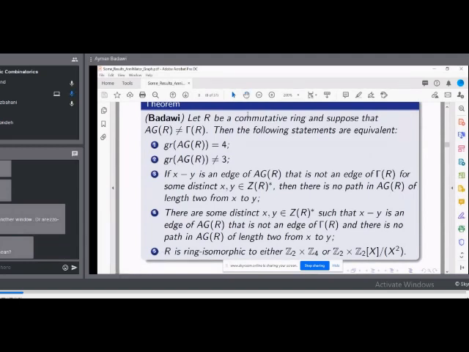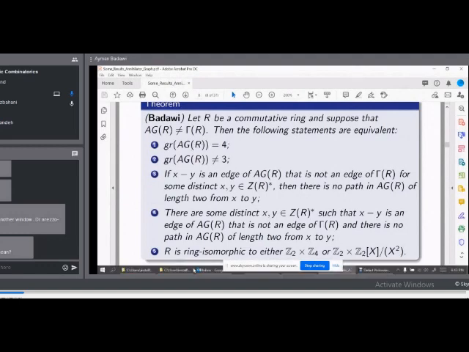So if the annihilator graph is not equal to the zero-divisor graph, and you tell me that the girth of the annihilator is 4, then I know the ring structure of R. R has to be ring isomorphic to these two rings. That's it.